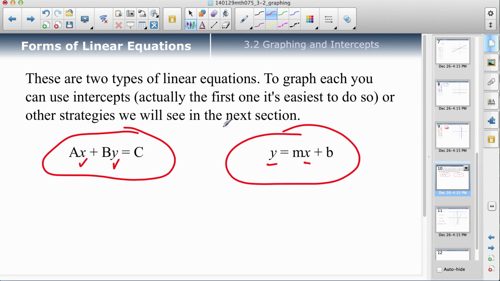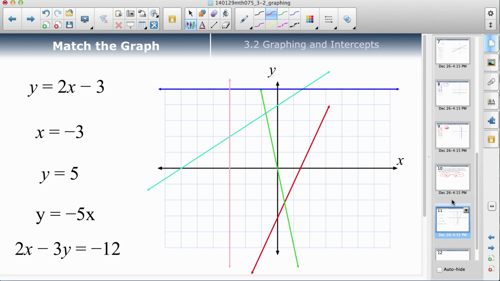Turns out that it depends on what you're looking for, but sometimes this form of the equation is a good one to use, and oftentimes this one is a good one to use. So in the next section, we'll learn how to go back and forth between those and get information from them.